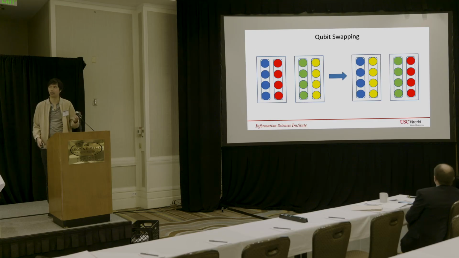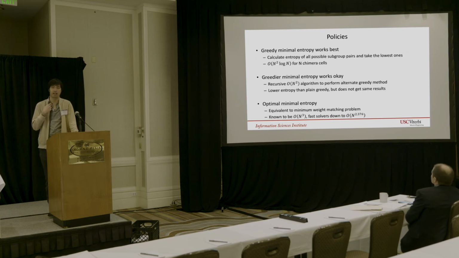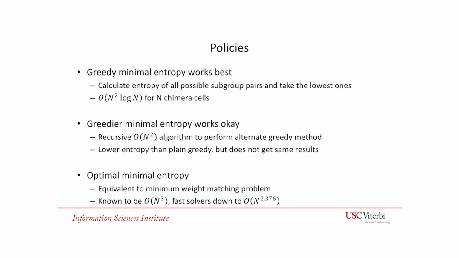We call that qubit swapping. We're just swapping where the variables are actually mapped to on the annealer. In our entropy approach, we found that using a greedy approach to find low entropy worked best. We developed an alternate greedy method we called the greedier method. It finds even lower entropy than the simple greedy one.